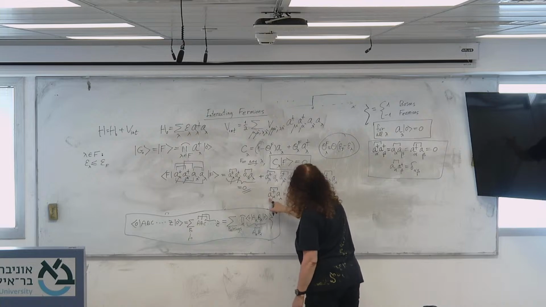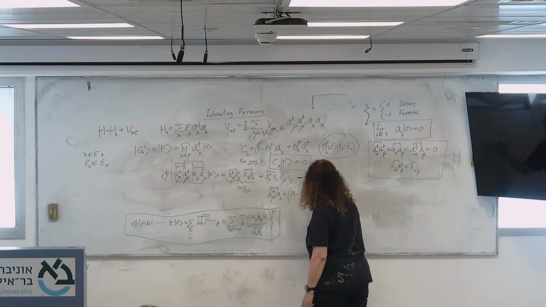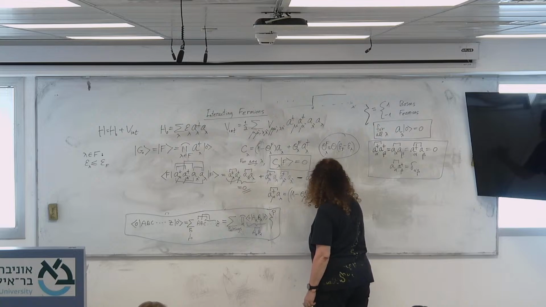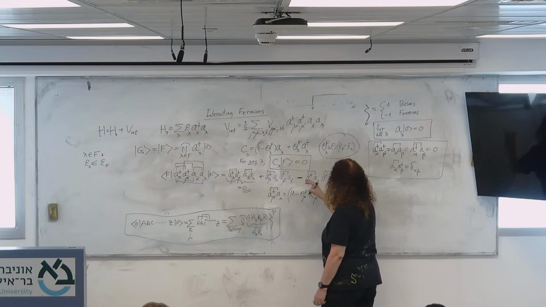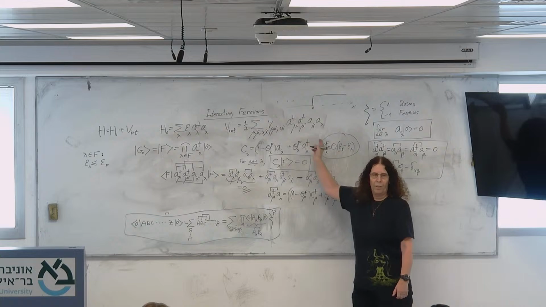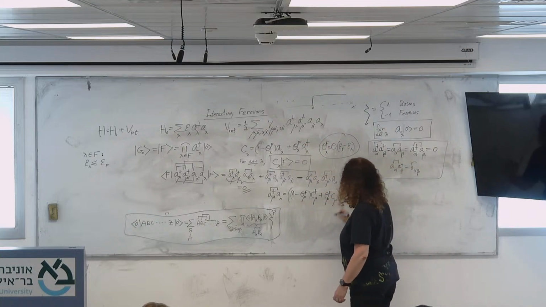A dagger is 1 minus theta mu C dagger plus theta mu C mu. It's just the conjugate and the inverse of this transformation.